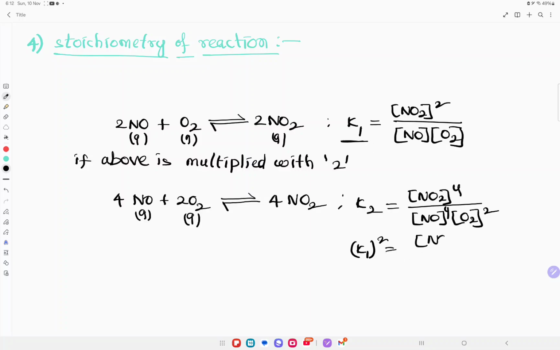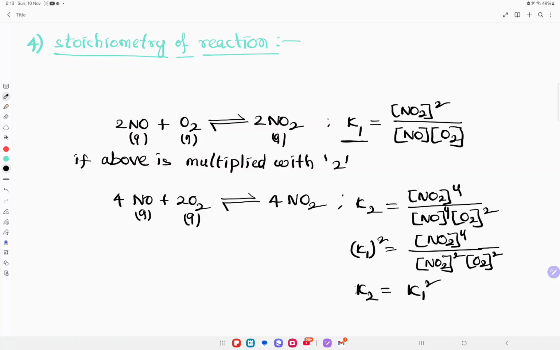Molar concentration of NO2 power 2 into 2, which becomes 4, by molar concentration of NO 1 into 2, molar concentration of O2 power 1, that also multiplied by 2 becomes 2. So now K2 appears as K1 square.